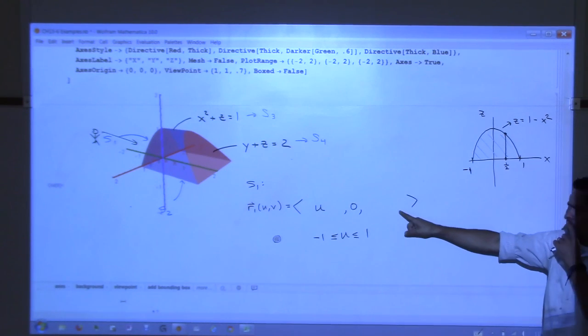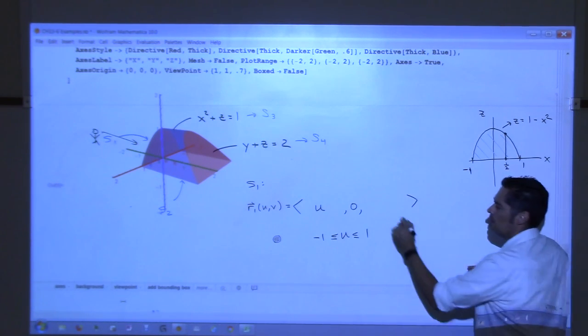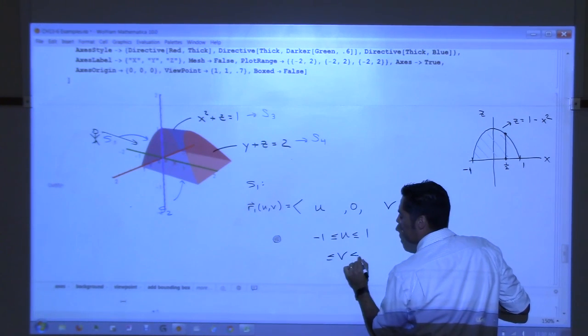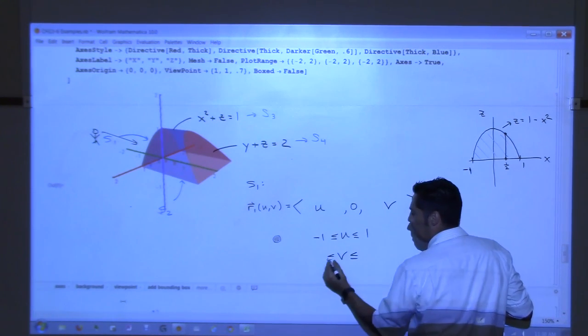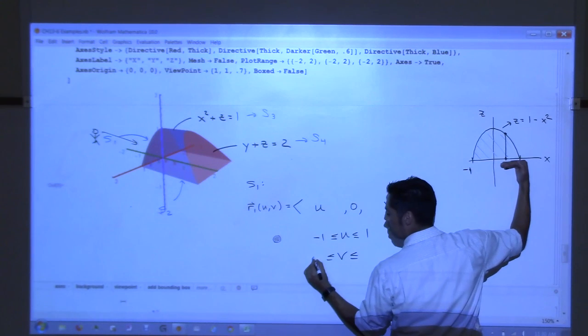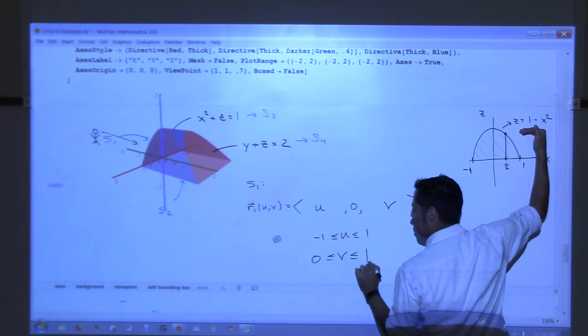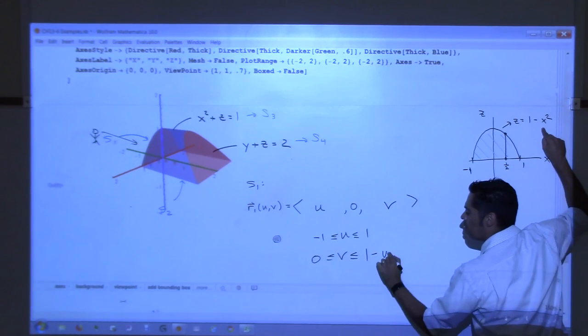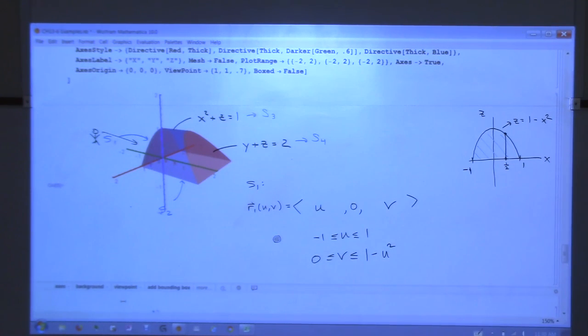So call it v. And then v, I let v be controlled by u. It's going to be 0 to 1 minus x squared, but what's x for us? u, so u squared. That draws S1. Get it? Okay.